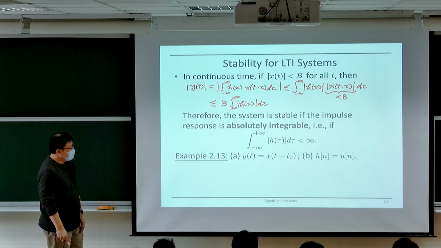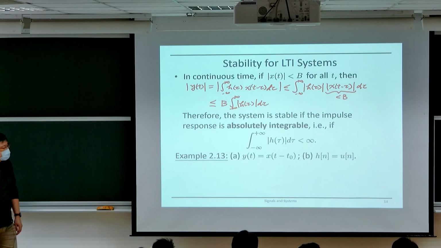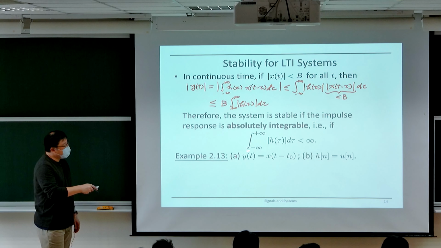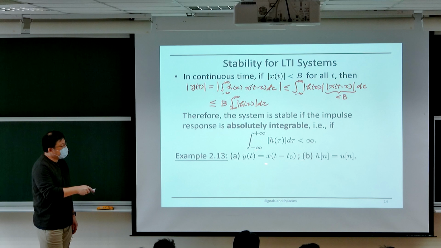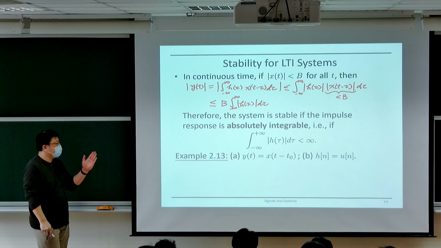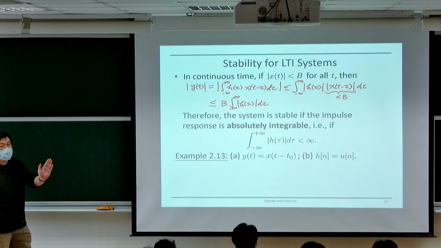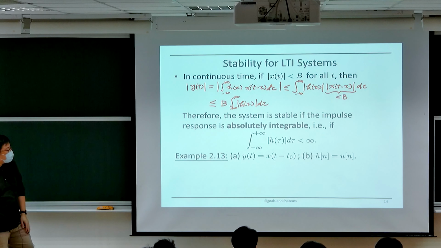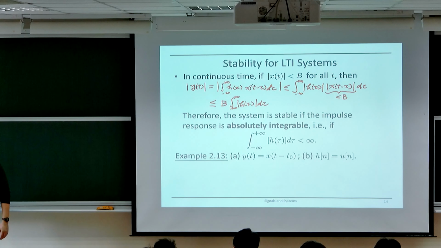Okay. Now here we look at a couple of examples. In the first example, we have an input-output relation given by y of t equal to x of t minus t naught. So this is simply a delay system. Now what is the impulse response for this system?